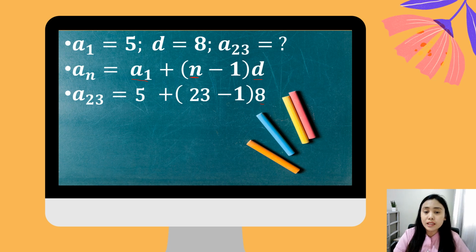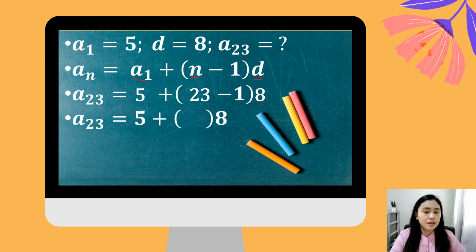So, ang una nating may evaluate ay yung nasa loob ng parentheses. What is 23 minus 1? 23 minus 1 is equal to 22. Anong sunod? Ang susunod ay pag-multiply kay 22 at kay 8.